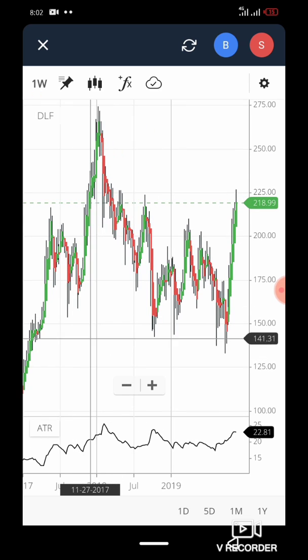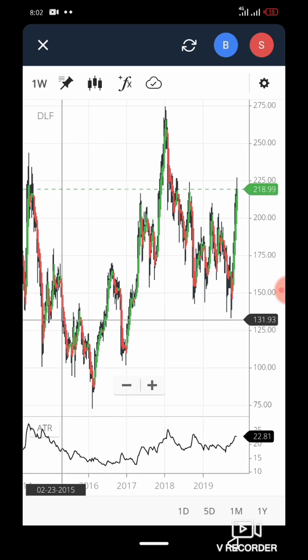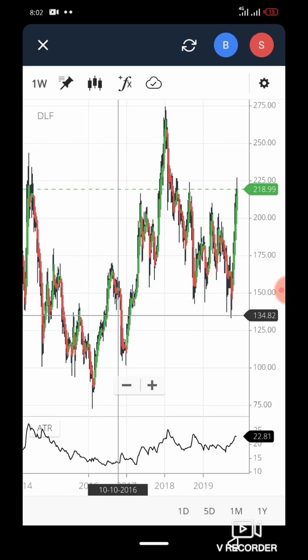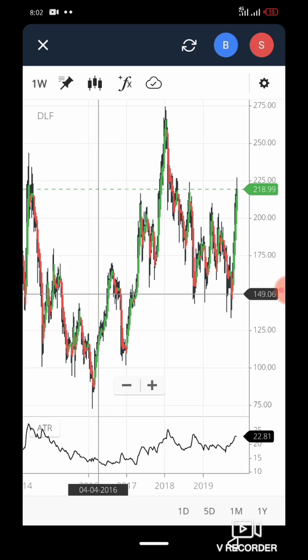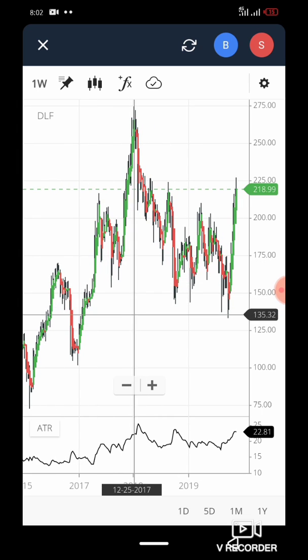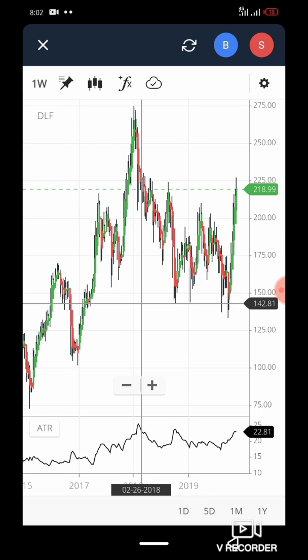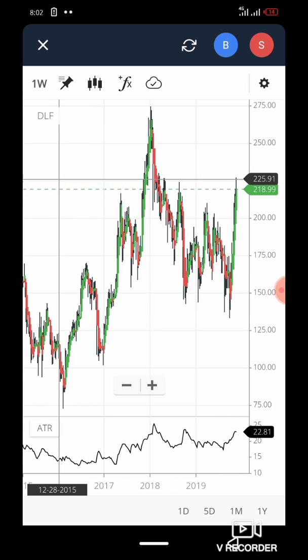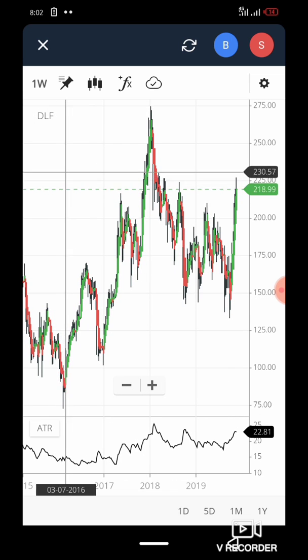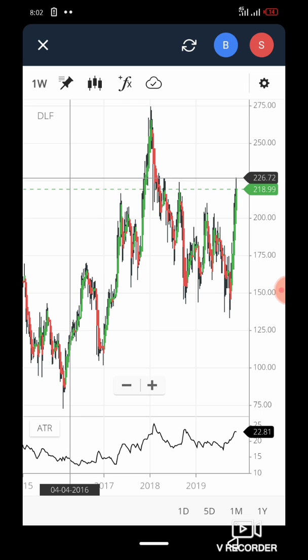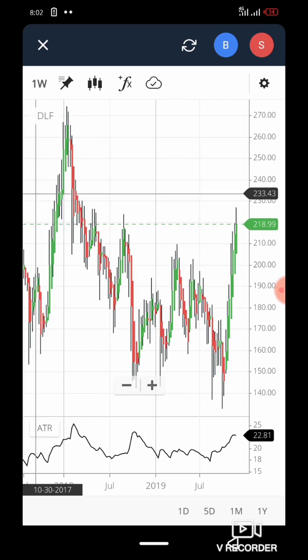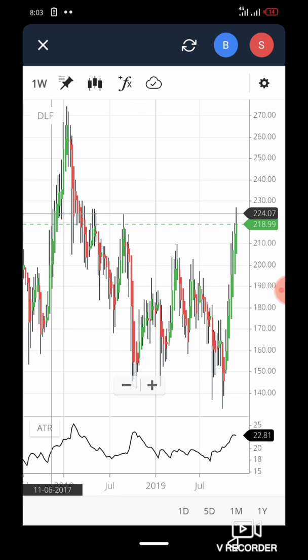If I'm buying here in this zone, then I am on the buying side because I'm at support. I'm not going to short here because it's a buying zone to me. If I buy over here, this is the selling zone because people will book profits or maybe bears will enter here. So this is not a good buy to me.